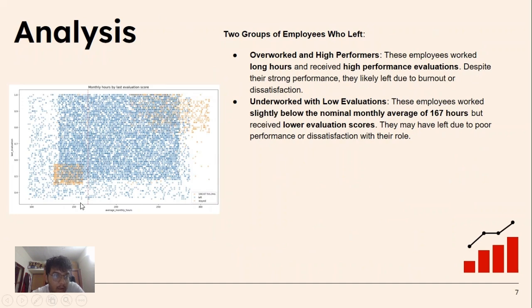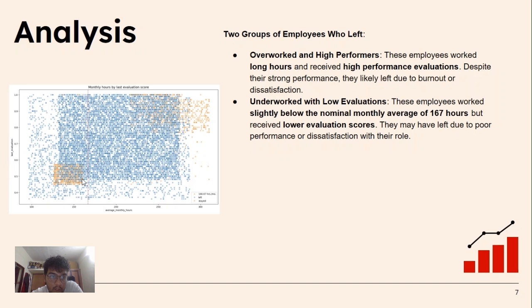So here's the last evaluation and average monthly hours scatter plot, from which we can see that the overworked employees are also high performers, that is, employees who work longer hours and whose performance review has high scores.